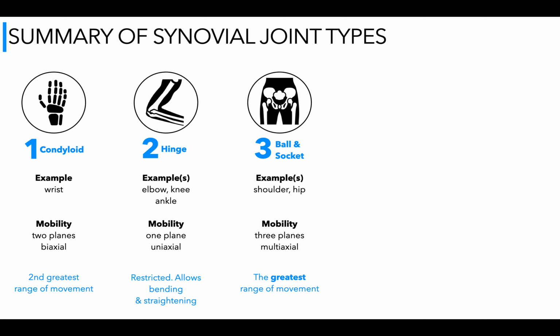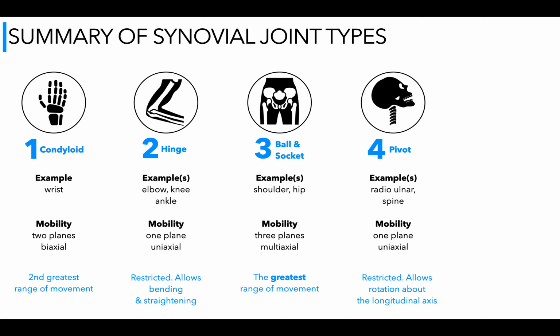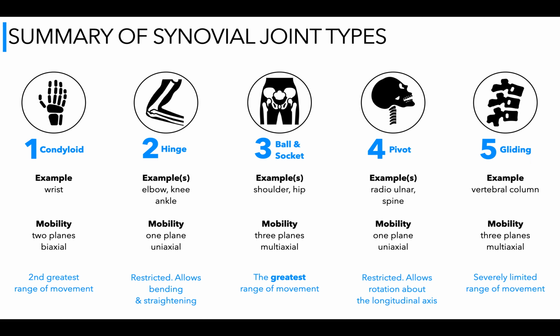So the synovial joint with the greatest range of movement. Then we have the pivot joint, so that atlantoaxial being one example, as well as the radio-ulnar. Uniaxial, restricted to rotation, and it turns about its axis, which is longitudinal.